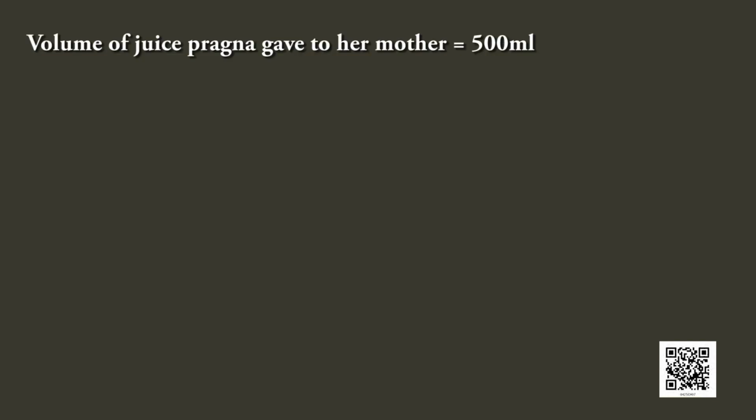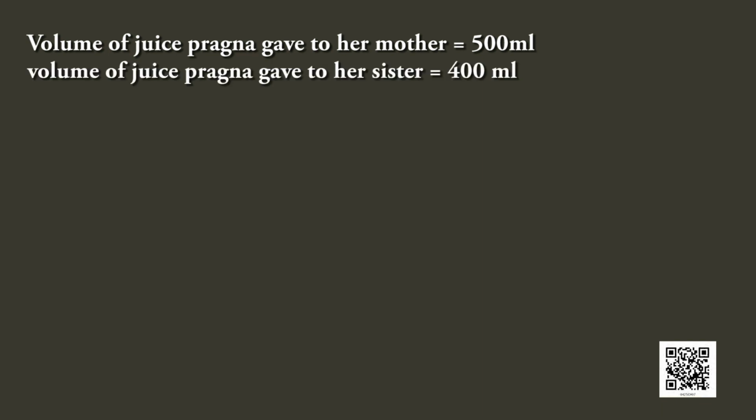Volume of juice Pragna gave to her mother is equal to 500 milliliters. Volume of juice Pragna gave to her sister is equal to 400 milliliters. Volume of juice Pragna drank is equal to 400 milliliters.